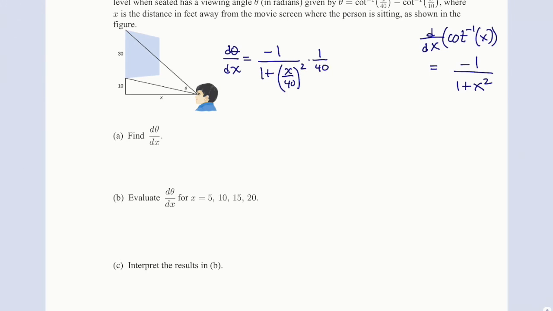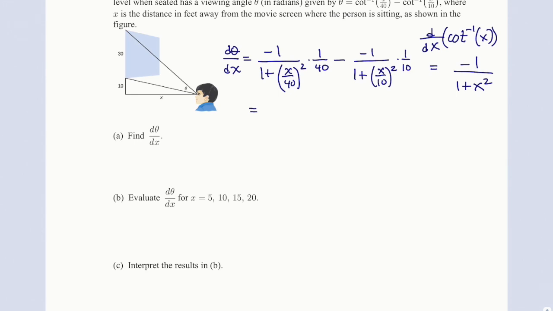And then we have minus the derivative of inverse cotangent of x over 10. So that same pattern, negative 1 over 1 plus the input, x over 10, squared, times the derivative of the input, which would be 1/10. All right, so this one we're going to clean up a little bit. Let's see.